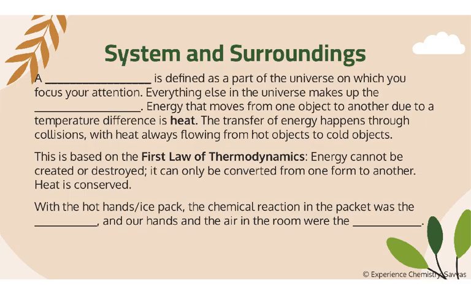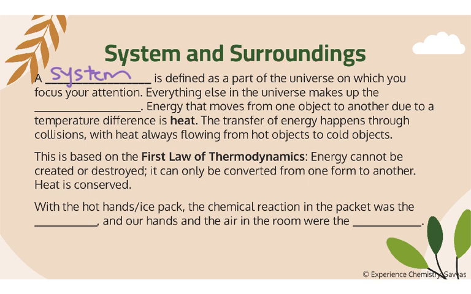When we're looking at this, we are surrounded by things. So we like to focus on only the things that matter and only the things that we need to look at. And we do this by classifying things as their system and their surroundings. A system is defined as a part of the universe on which you focus your attention.